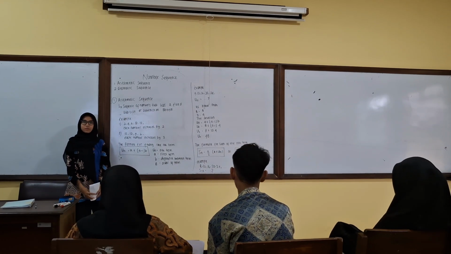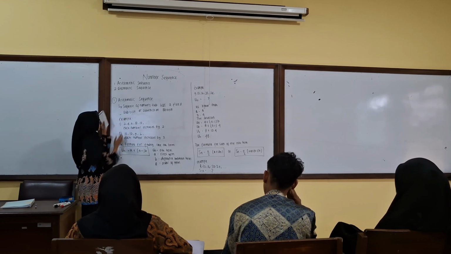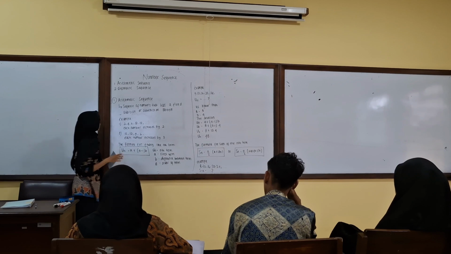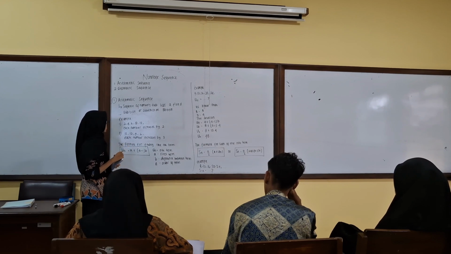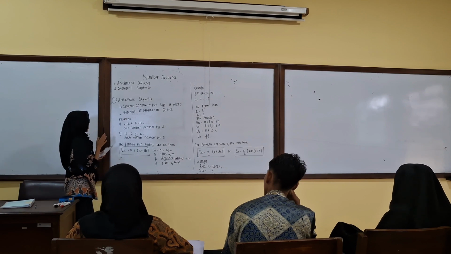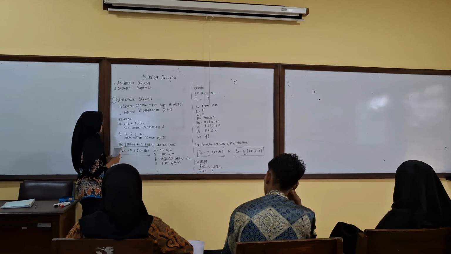Number sequences in mathematics are divided into two main types, namely arithmetic sequences and geometric sequences. We will discuss them one by one. First, the arithmetic sequence. An arithmetic sequence is a sequence of numbers that has a fixed addition or subtraction pattern.